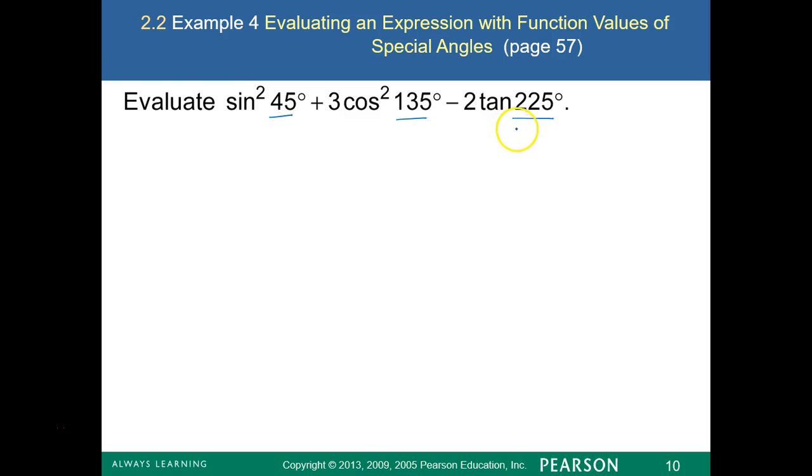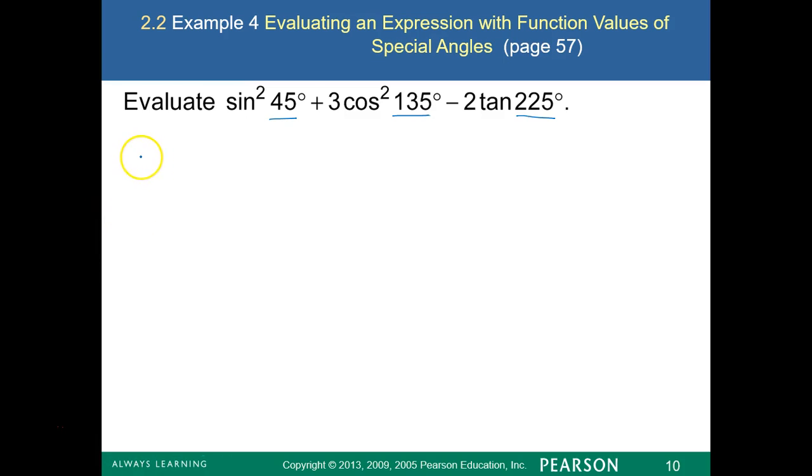Now these are going to be special angles: 45, 30, or 60 degrees. Here, sine of 45 degrees, we're good to go ahead and find that one. The other angles, 135 degrees and 225, we need to find the reference angle before figuring this one out.